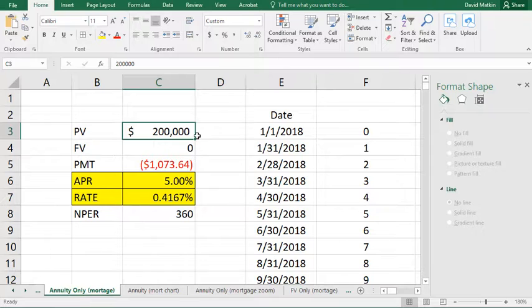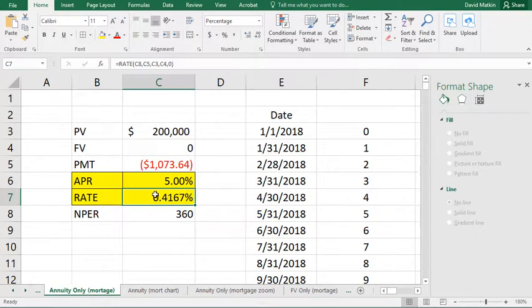That's the borrower's resources that they're receiving, the inflow of $200,000 for them. And then this outflow of $1,073.64 over 360 time periods. And we use that information, also recognizing that there's no lump sum amount at the end that either the borrower or the lender will make.